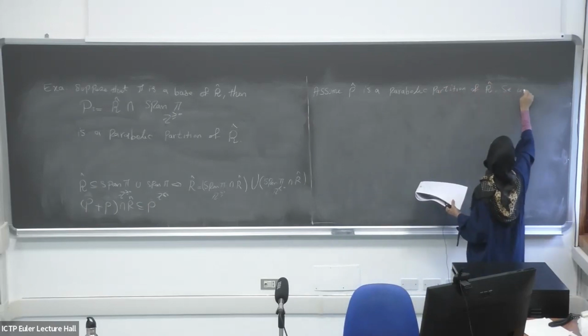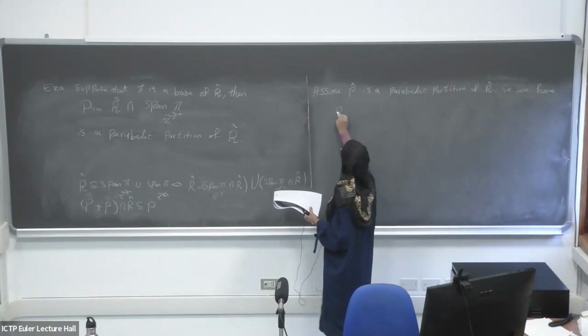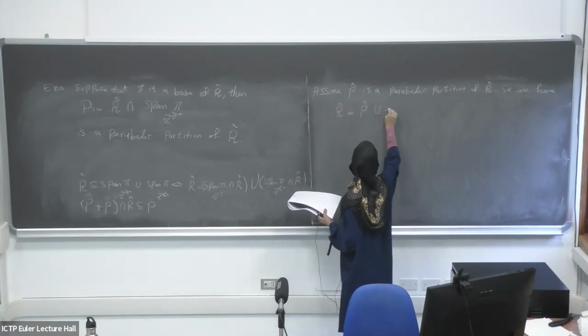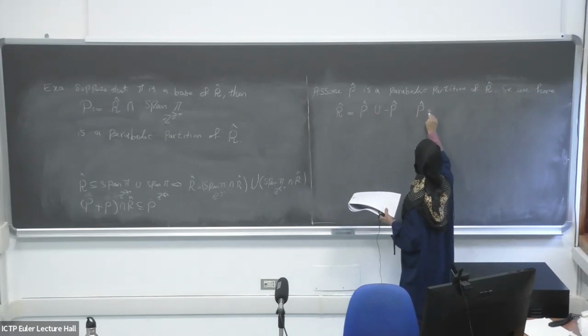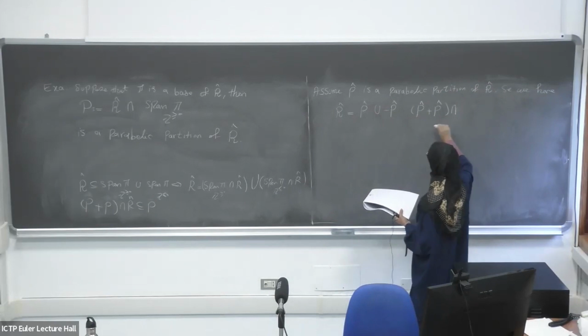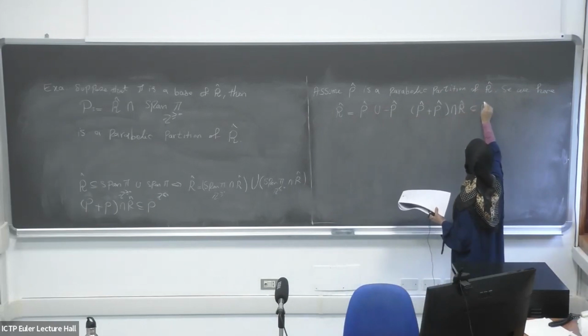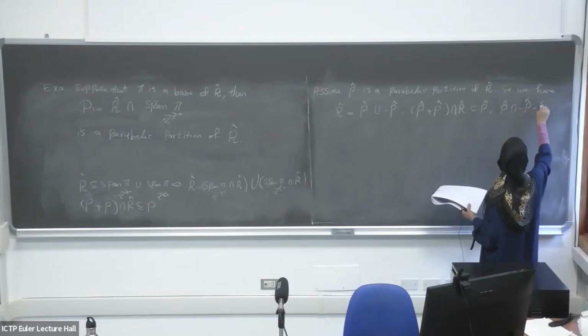So we have R hat equals P hat union minus P hat, P hat plus P hat intersection with R hat is a subset of P hat, and P hat intersection minus P hat is just 0.